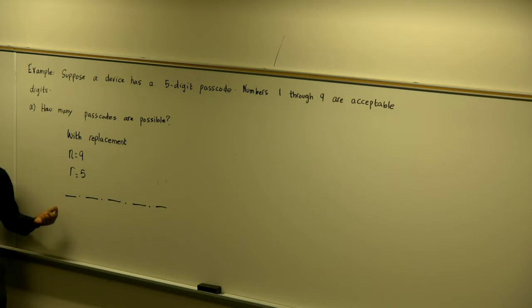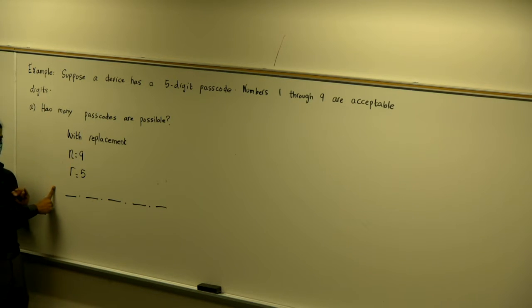How many digits are possible for the first slot? 9, so I can put in 1 through 9.